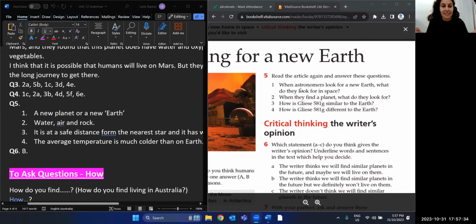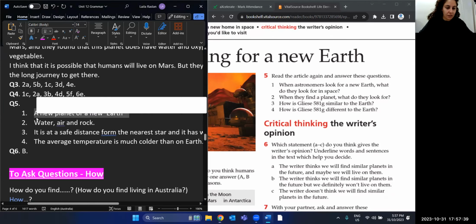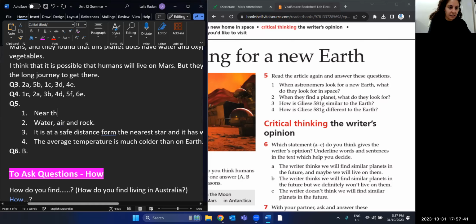Okay, so near to the sun, yeah. So near to the sun, yeah. They look for planets around it. Measure the distance. So they look near to the sun.